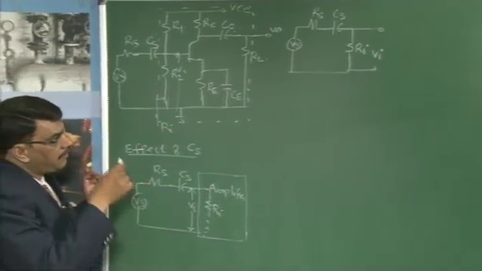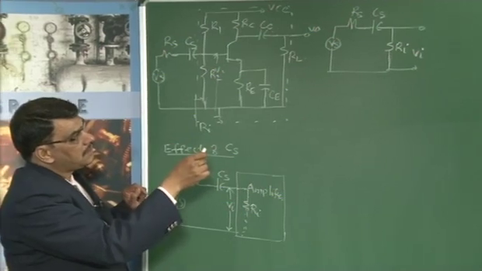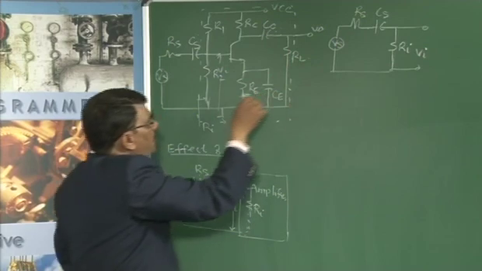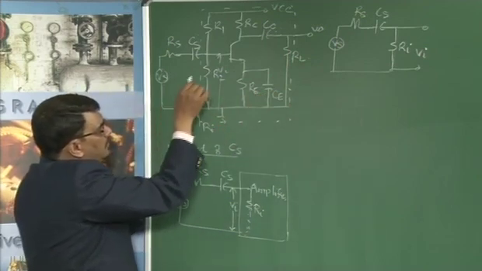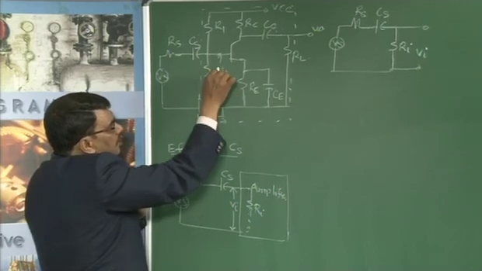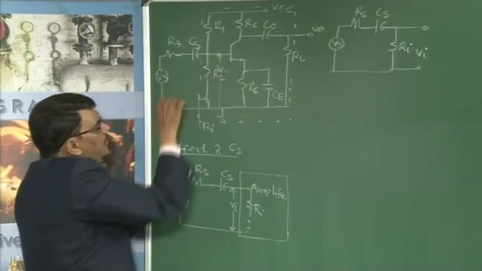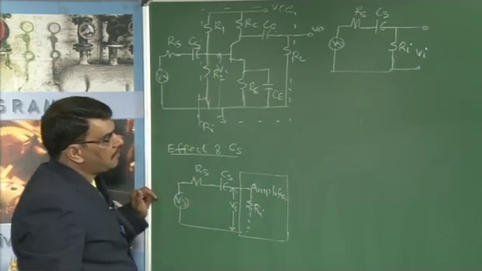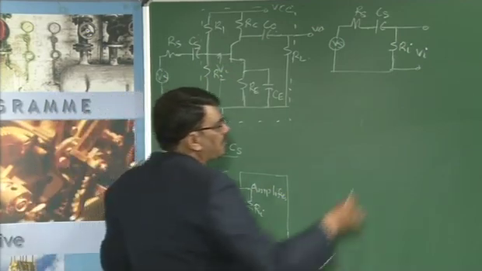Now we define the ratio. Instead of determining the overall gain of the amplifier, we first need to determine the effect of this capacitor CS on the input. The ratio Vi by Vs will also give the effect on the overall gain of the amplifier. For this, we need to determine Vi.